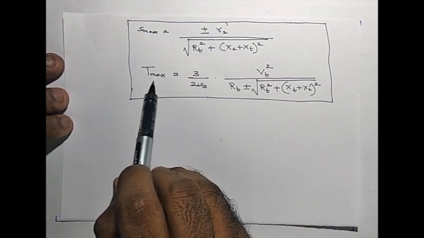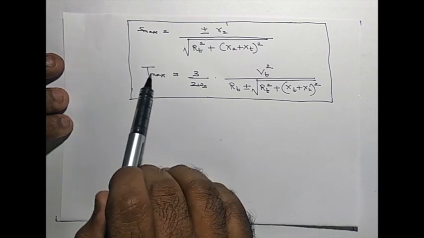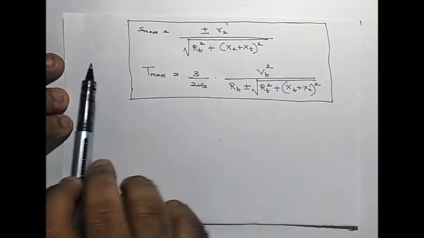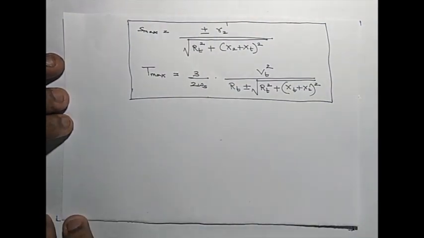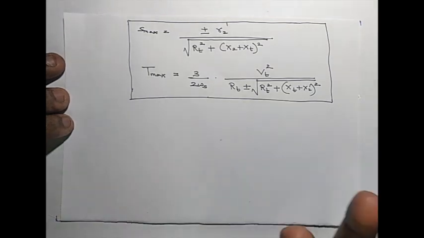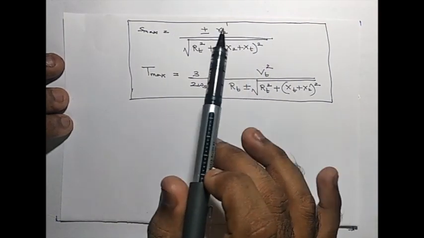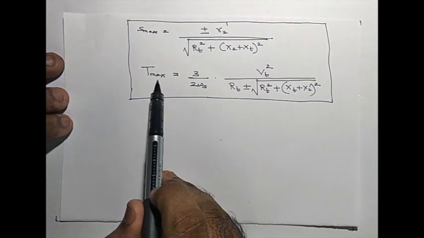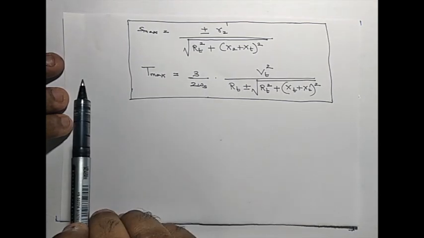The value of maximum torque is independent of rotor resistance, but the speed or slip at which the machine develops its maximum torque is definitely determined by the value of its rotor resistance. Or rather, in English, if we add some rotor resistance, I am talking about a wound rotor induction machine, just by adding rotor resistance you cannot increase the value of the maximum torque, because that is independent of R2 dash.